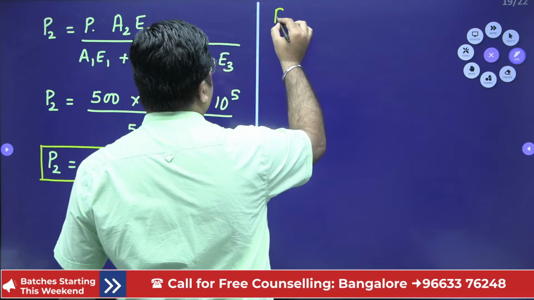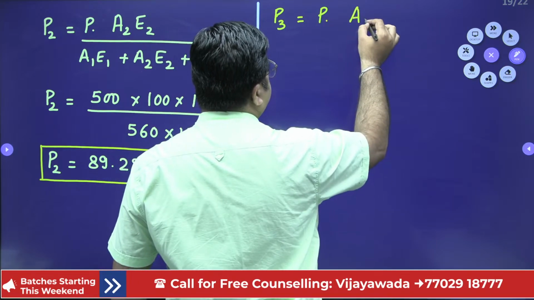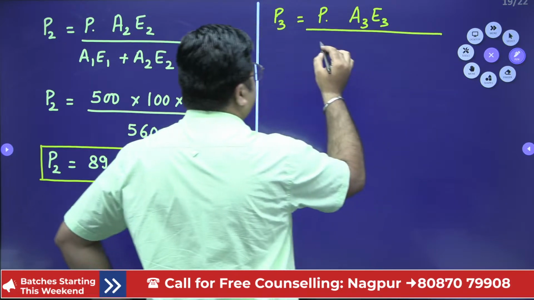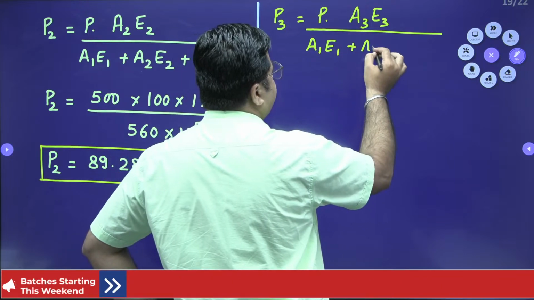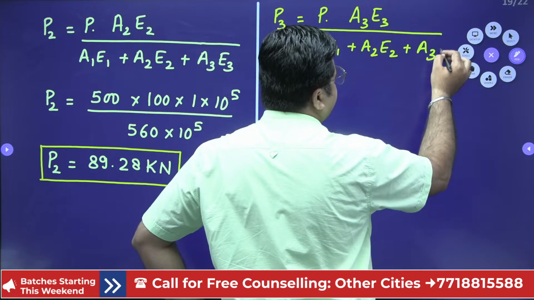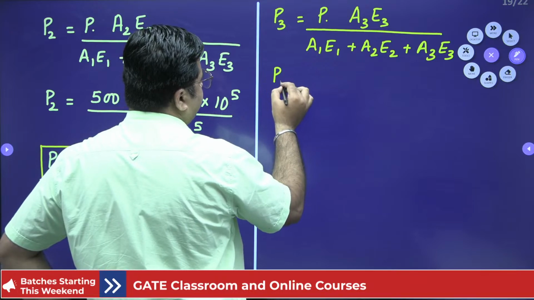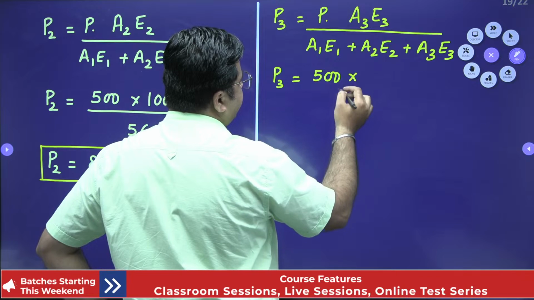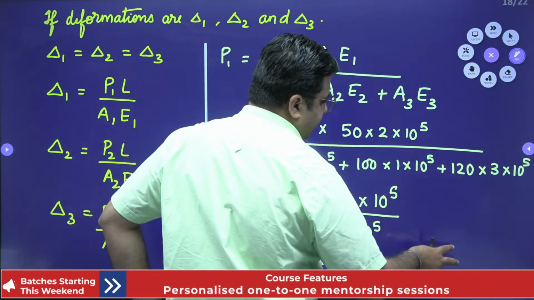So P3 is equal to P into A3 E3 divided by A1 E1 plus A2 E2 plus A3 E3. Right, so if you just substitute everything, P3 is equal to P, which is 500 kilonewton, into A3 E3, which is 120 into 3 into 10 raised to power 5.